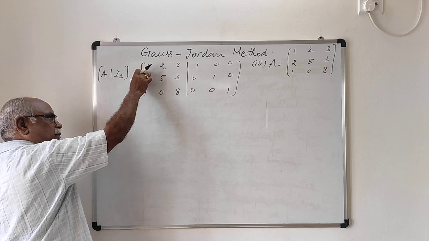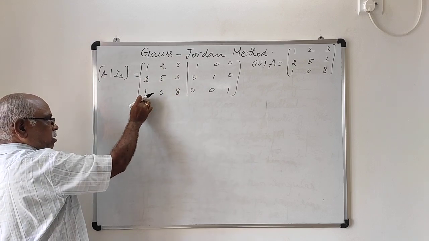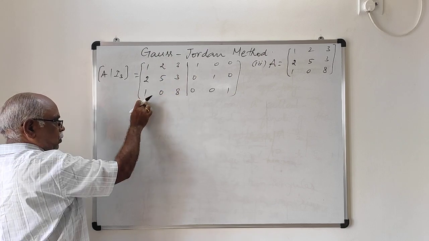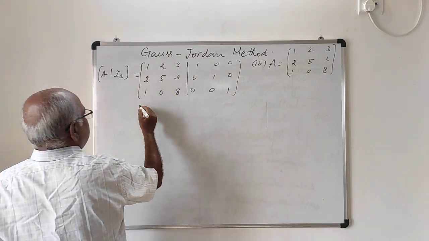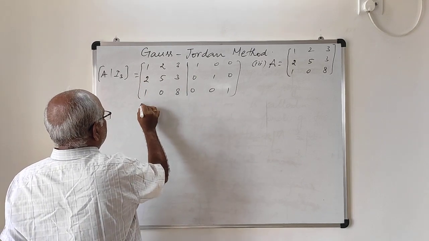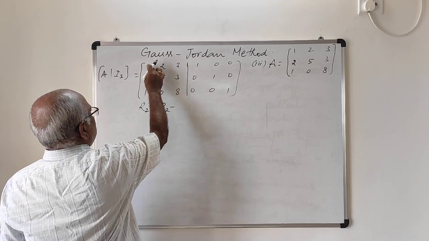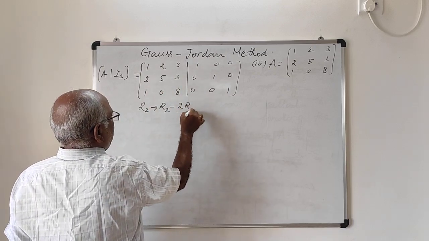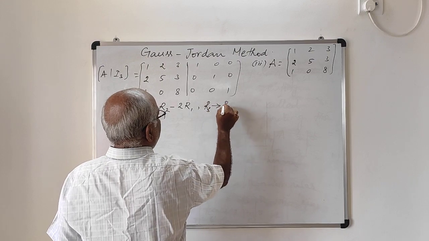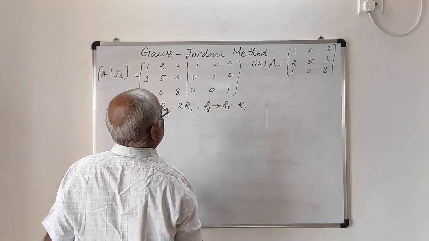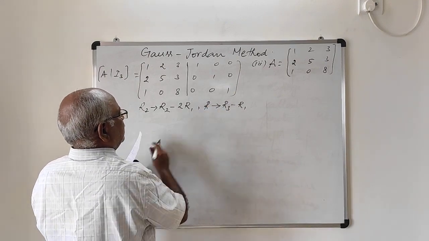If you multiply 1 by 2, 2 minus 2 is 0, this element becomes 0. Similarly, R3 minus R1, 1 minus 1 is 0. These two operations you have to apply simultaneously here.